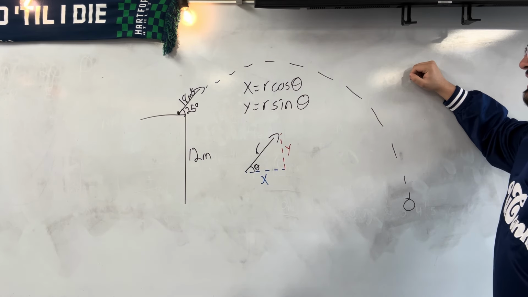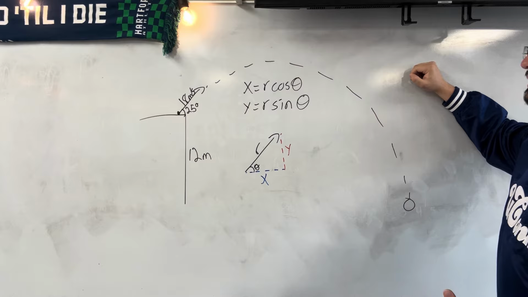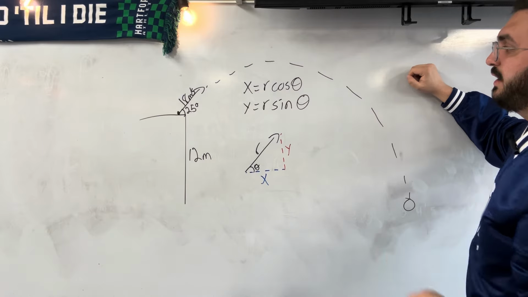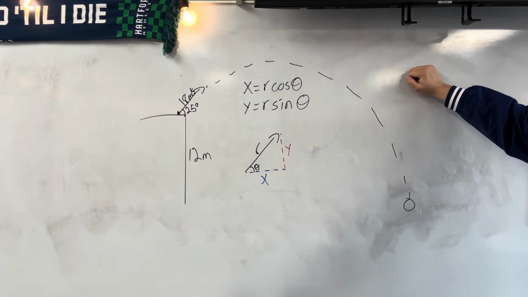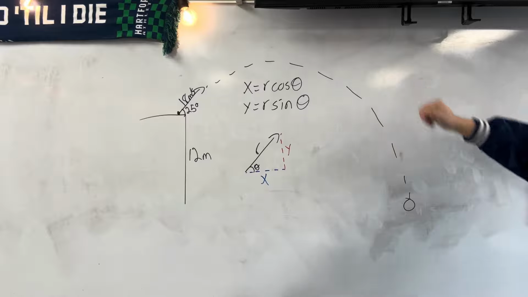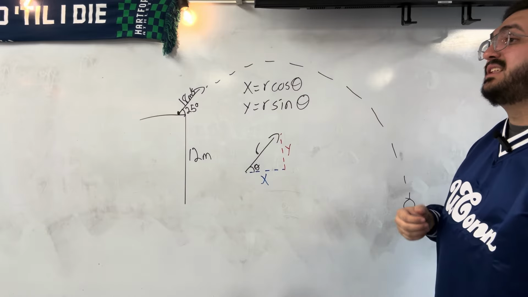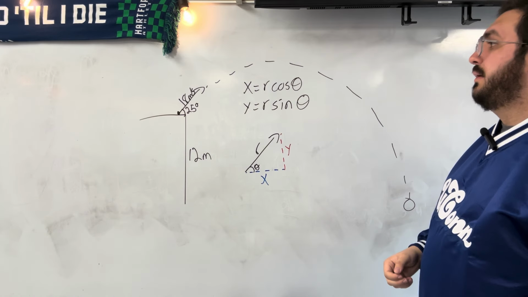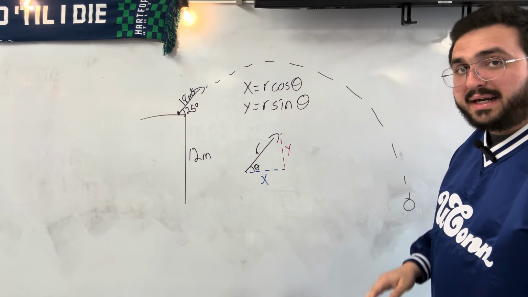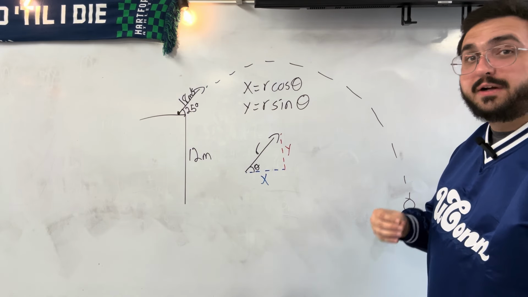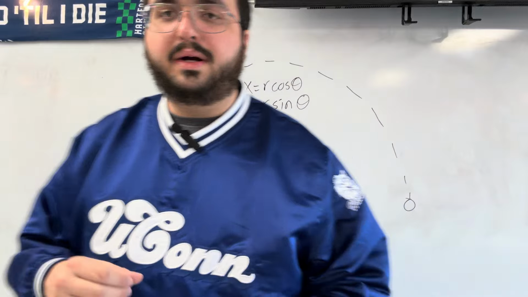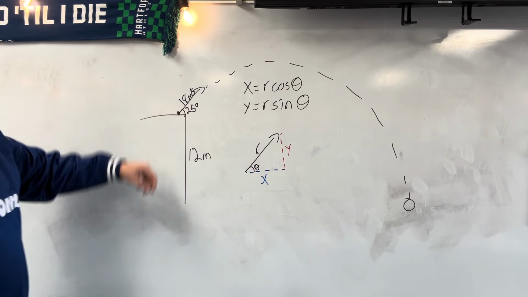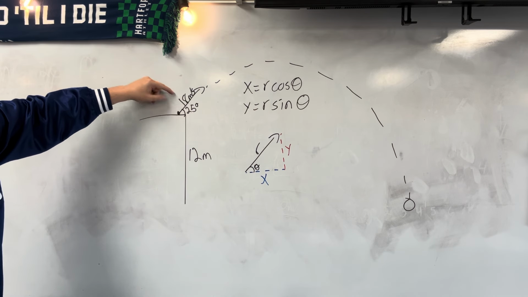So it'll be 18 times the cosine of 25 degrees to solve for x, and 18 times the sine of 25 degrees to solve for y. Without those values, I cannot solve this problem. So before you even start looking at kinematic equations, before you try to figure out what you're supposed to be doing, always make sure that you break up this vector into its x and y components.